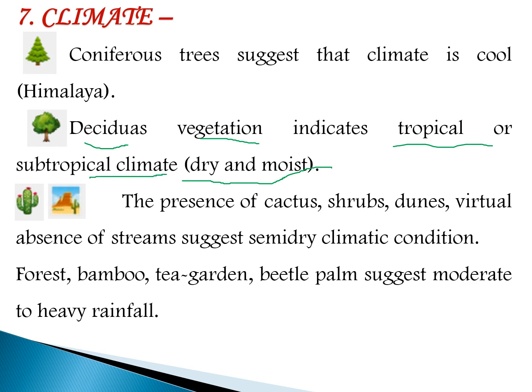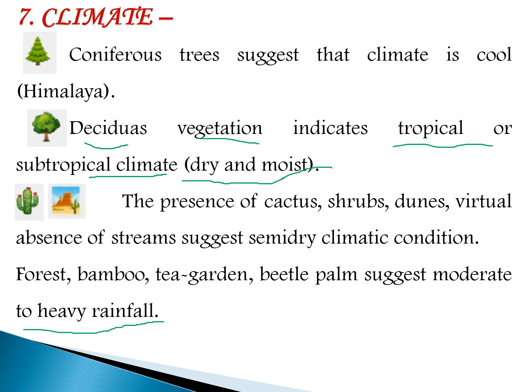Then if there are some cactus and shrubs, dunes, and absence of streams, then obviously it represents a dry area, or semi dry climatic conditions. If there is a forest, bamboo or tea gardens, betel palm, that suggests moderate to heavy rainfall.